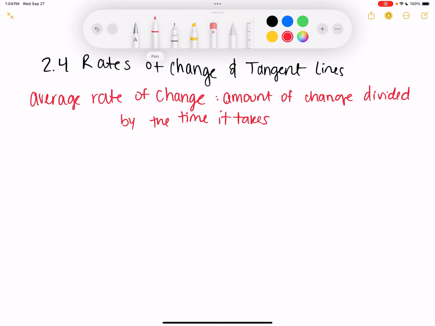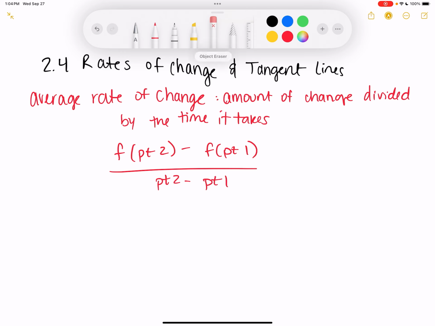So it would be f of 0.2 minus f of 0.1 over 0.2 minus 0.1. And that would be if they gave you the interval from 0.1 to 0.2. So essentially, we're finding slope, and we're going to be using that to write tangent lines.